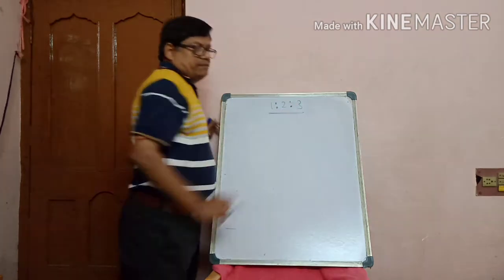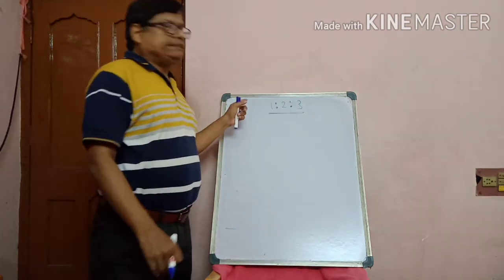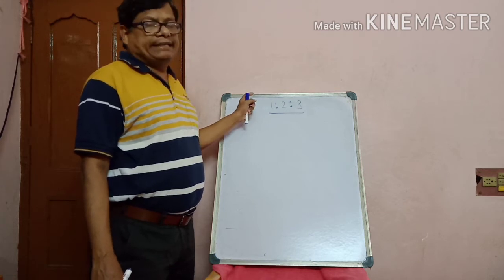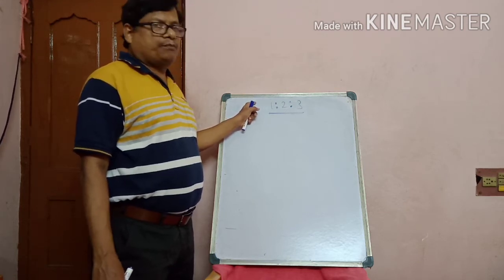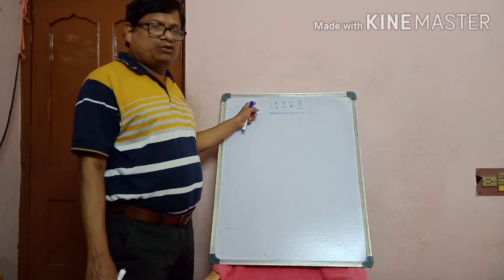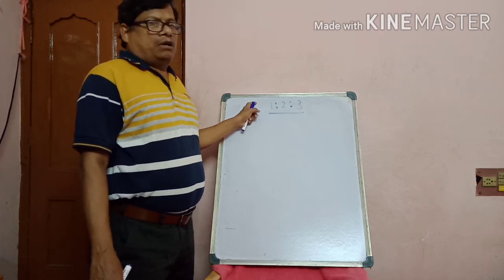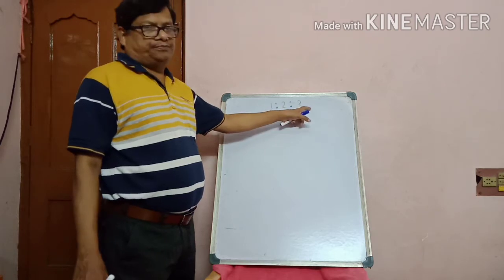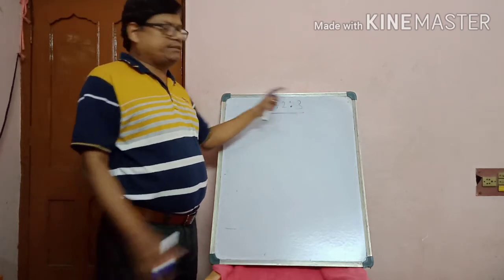Find the angles. All of you write down. In a triangle, the ratio of the angles are 1:2:3. Find the angles. Write the question number.